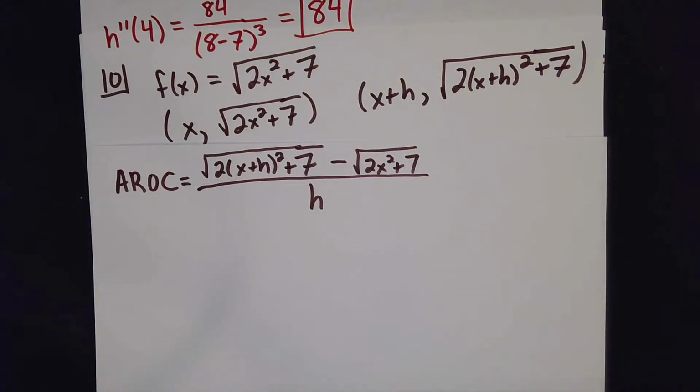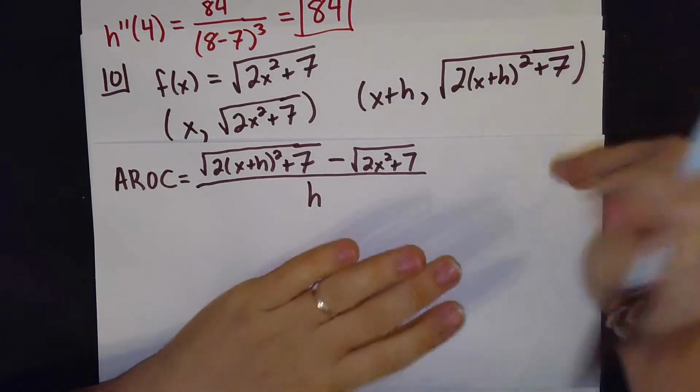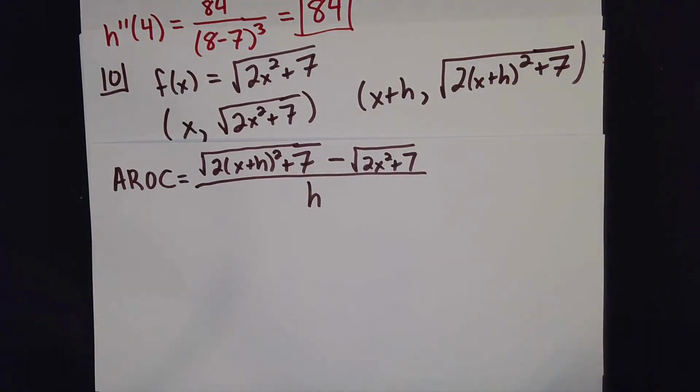And we need to simplify this. And so this is one of those square rooty kind of limits. And so we need to use our multiply by the conjugate trick here. So I will do that.